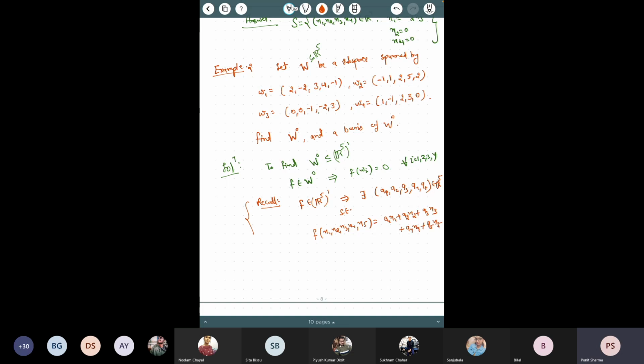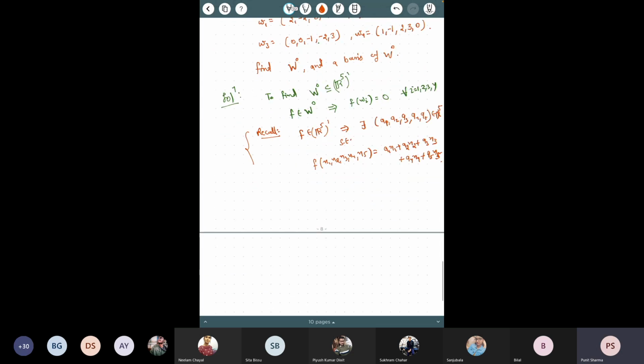So basically I have taken the standard basis here. So every linear functional on R5 would be of this form for some a1, a2, a3, a4, a5 in R5.